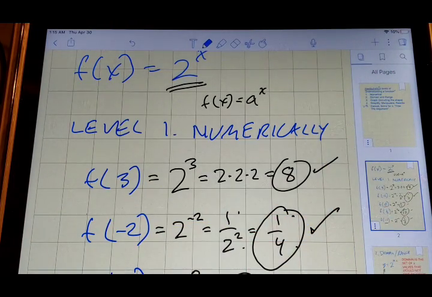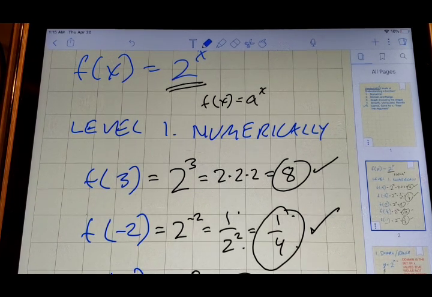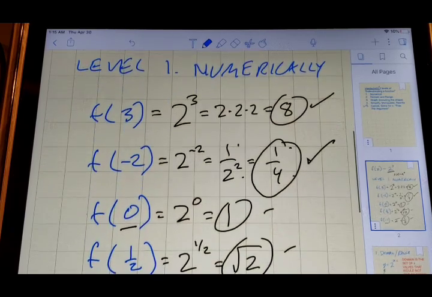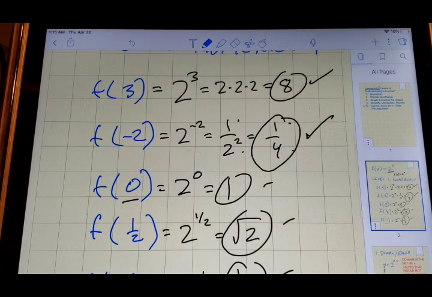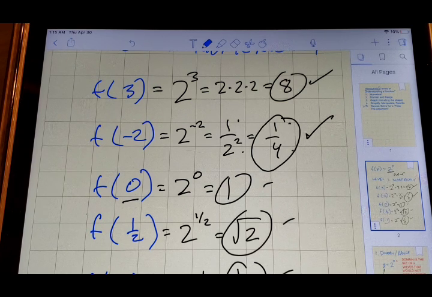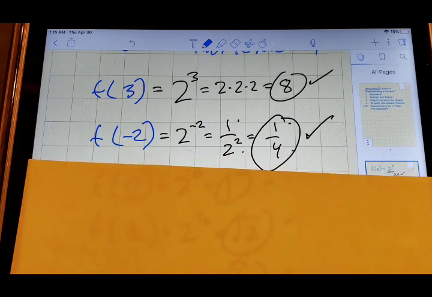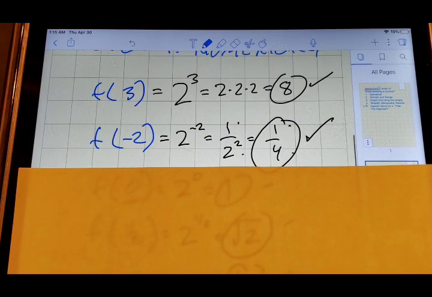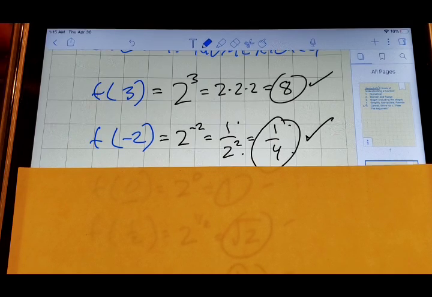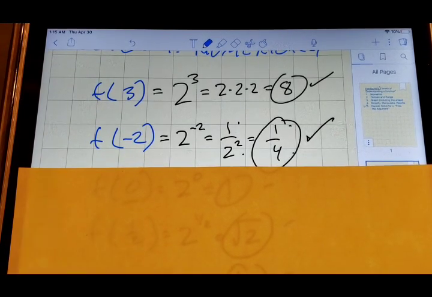Well, it's a little more advanced, maybe years after you learn about 2 to the 3 equaling 8. It's also true that 2 to the negative 2 has a numerical answer that you can figure out, or you should be able to figure out.